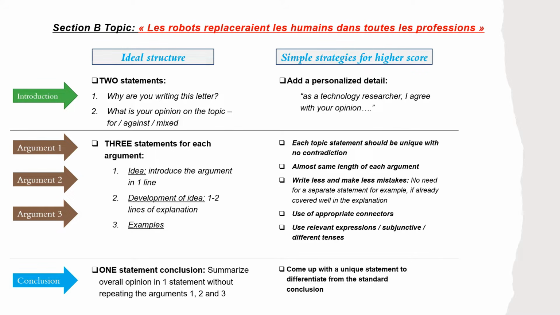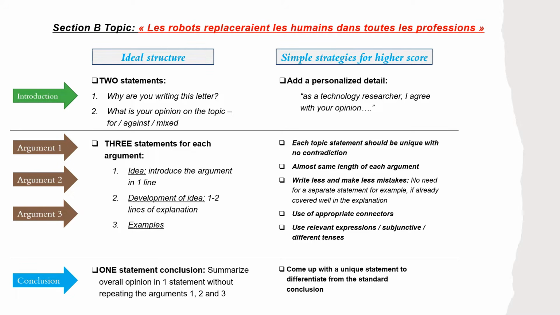If you add this little personalized element to your introduction, the examiner may find it different from what other people have written, and then your introduction would also be considered for the final score. This is a little strategy that I had used, and I'm sure it might have helped me get a higher score.